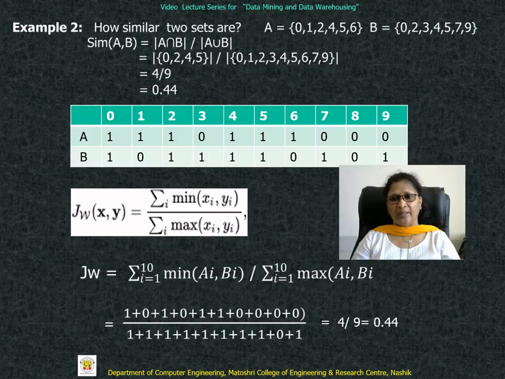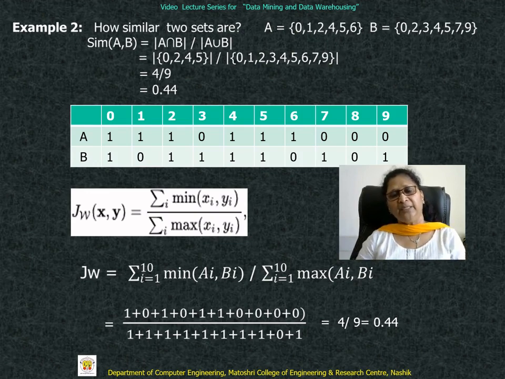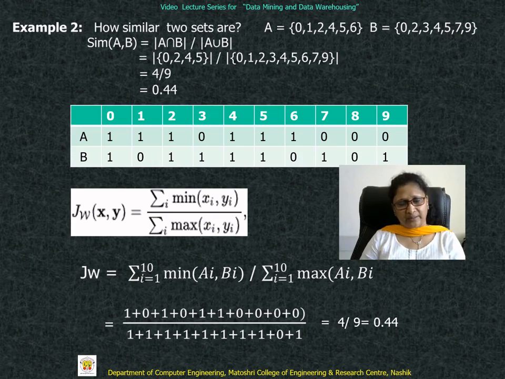similarity. And this is the formula where we'll see that whether we use set-based approach or whether we are going for weighted Jaccard similarity index, they both work for binary symmetric asymmetric attributes as well as if we have weights to the attributes.